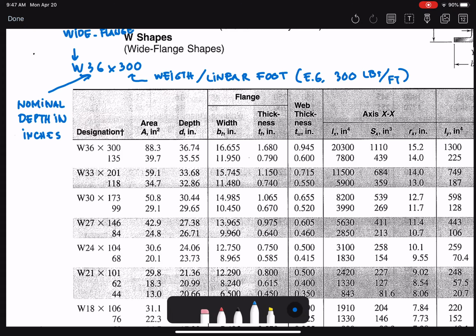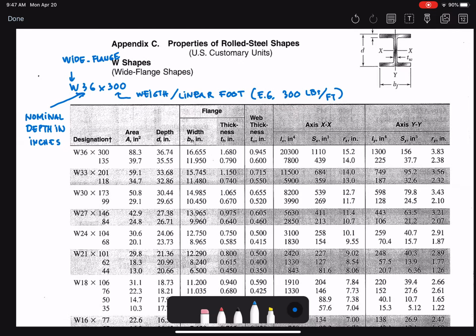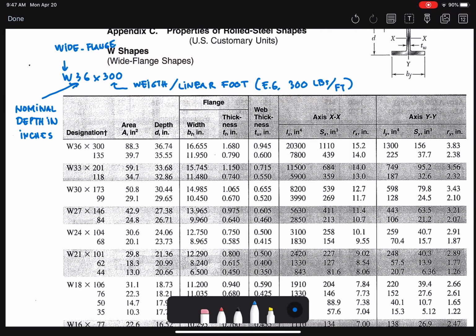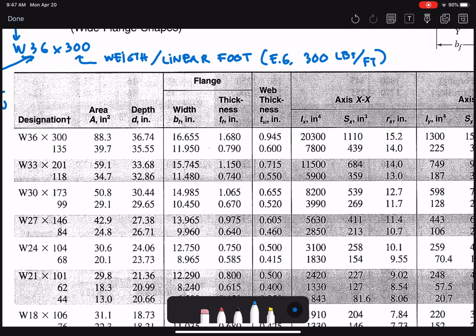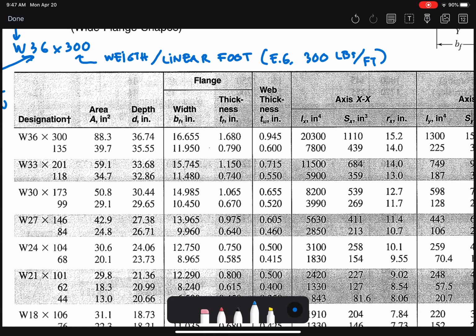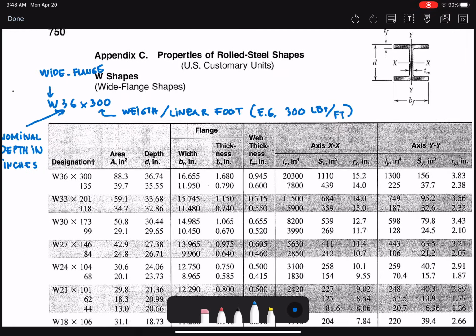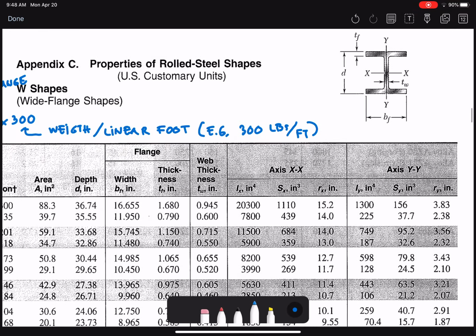Now there are many properties given for that cross-section. The area is 88.3 square inches. The depth, in the third column, is the actual depth, so it's about 36 but not exactly the same. They give the width of the flange. What is the flange? As you can see, that is the flange, and that is the web.